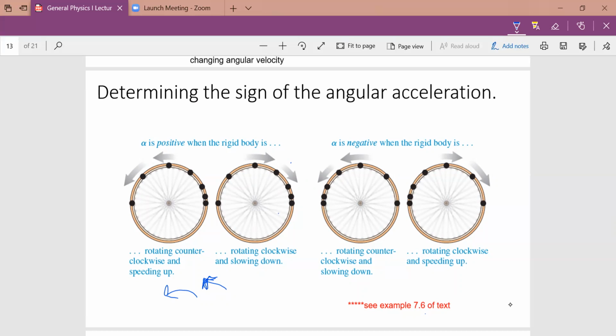This particle is speeding up, and we see the velocity vector in the same direction, and in the other case we see acceleration in the opposite direction to the velocity vector. So you see that we're actually taking the same concept. In this case, acceleration.